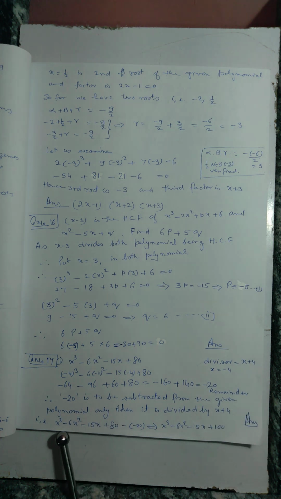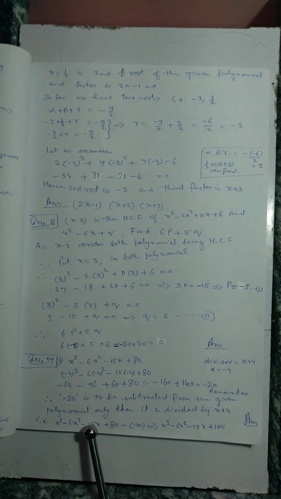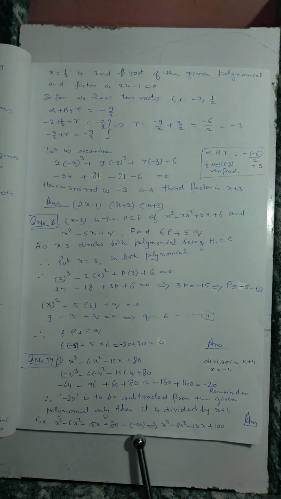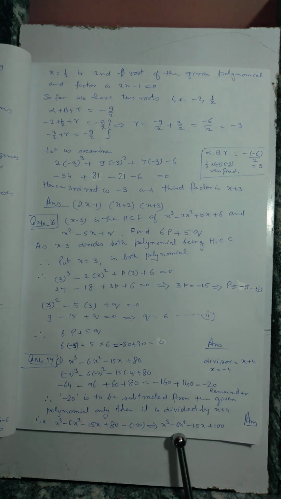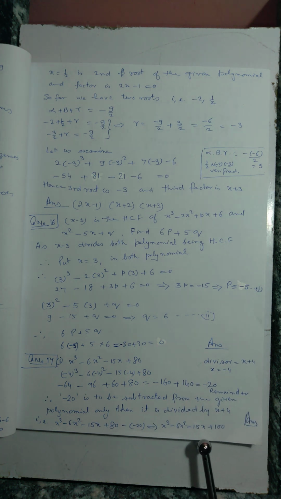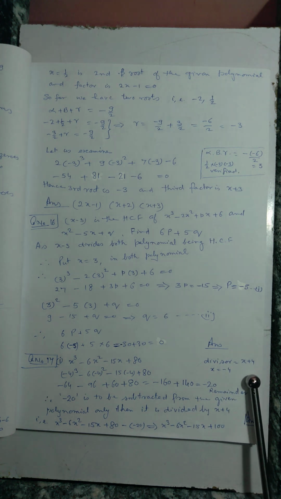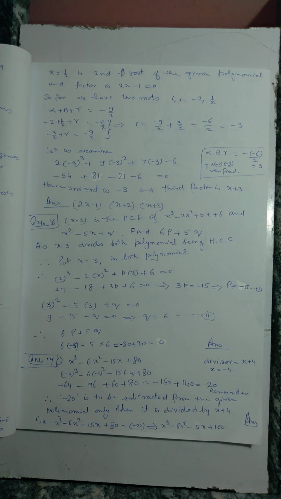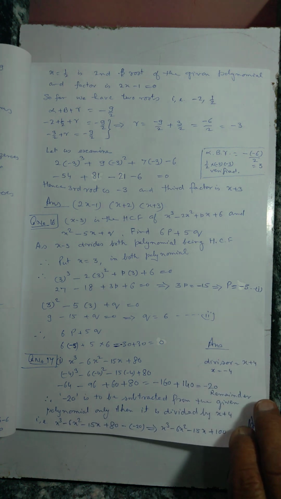So now you see, x cube minus 6x square minus 15x plus 80 minus, in bracket, minus 20, that will give you x cube minus 6x square minus 15x plus 100. If you divide it by x plus 4, the remainder will be 0, because we have subtracted minus 20.